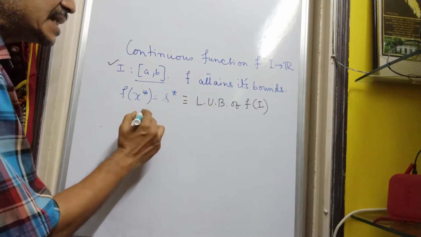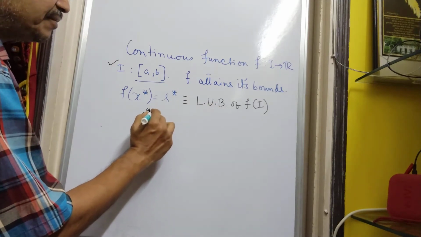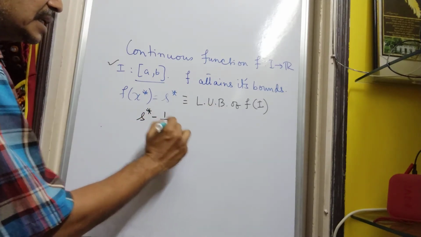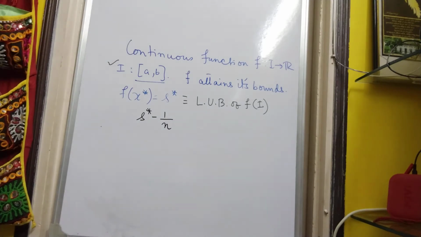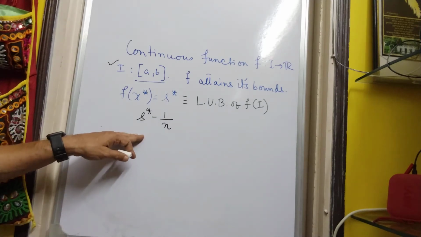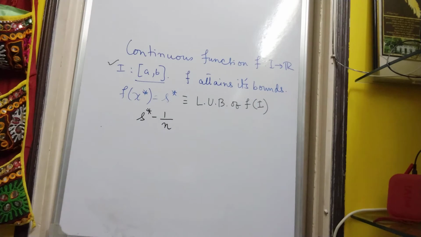So since this is the least upper bound, S star minus 1 upon n will not be an upper bound of this f(I). Isn't it so? This is the definition of least upper bound.